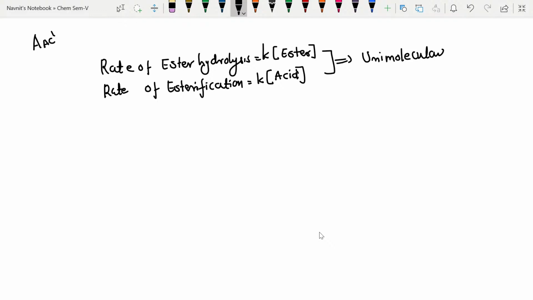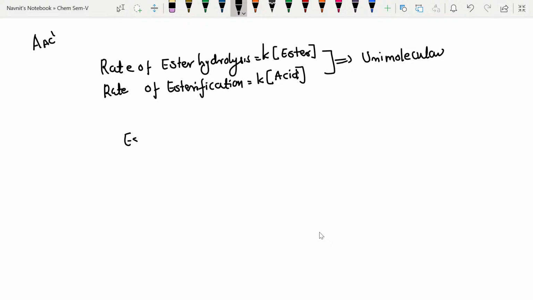This simply means that esterification or ester hydrolysis of sterically hindered acids like 2,4,6-trimethyl benzoic acid can be explained by AAC1.